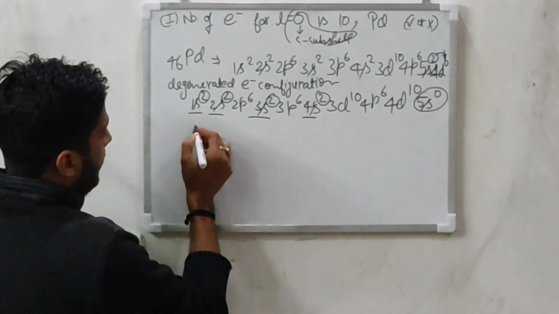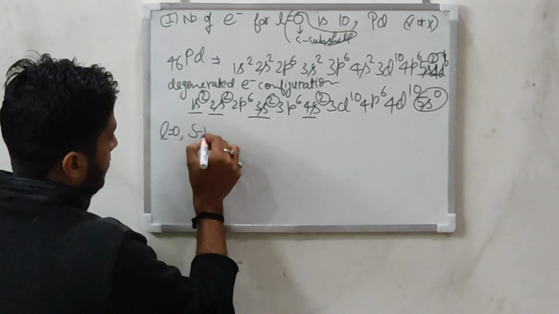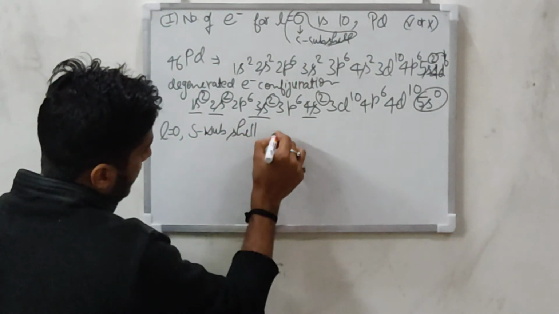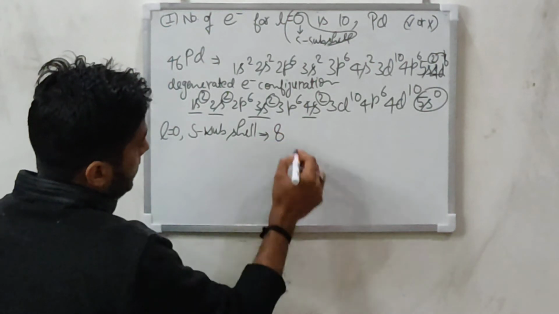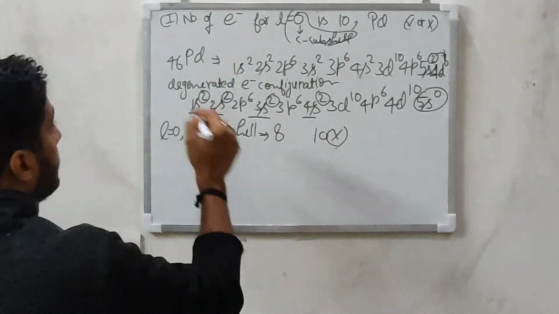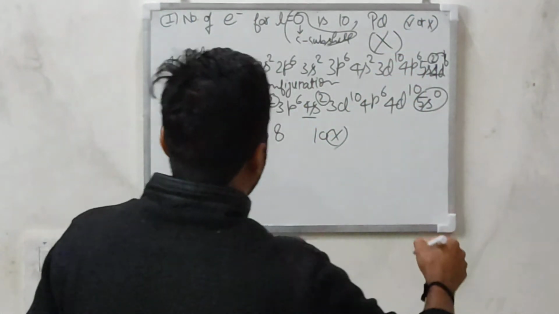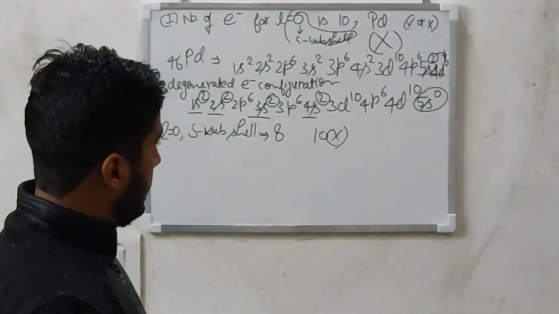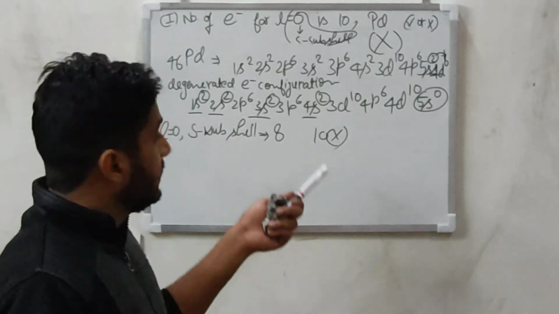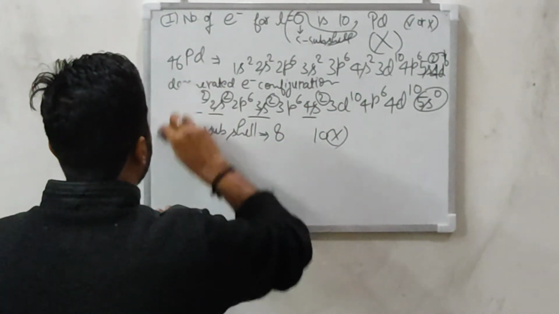So for L equal to 0, that is the s subshell, the total number of electrons is 8. It is not 10. That is why this statement is wrong.